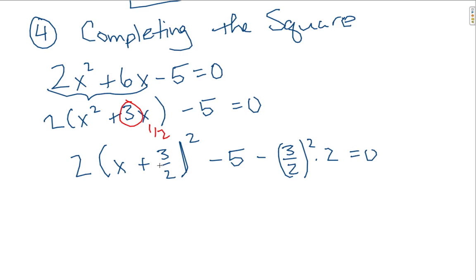It is always, always, always this value squared times the coefficient. Subtract it. Now it's just a matter of solving this. So I have 2 times (x plus 3 halves) squared minus 5 minus 9 fourths times 2.